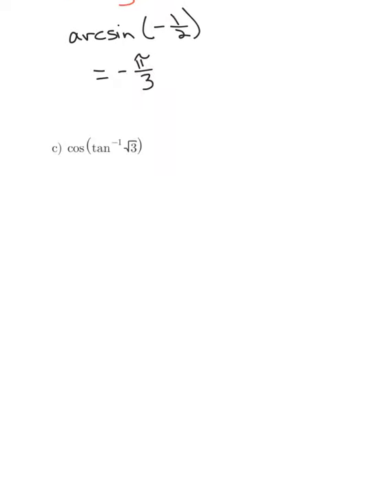On the last example for these problems, we have to do the cosine of the inverse tangent of the square root of 3. So again, working the inside first. The inverse tangent of square root of 3. What angle has a tangent, and this must be in quadrant 1 because it's positive.